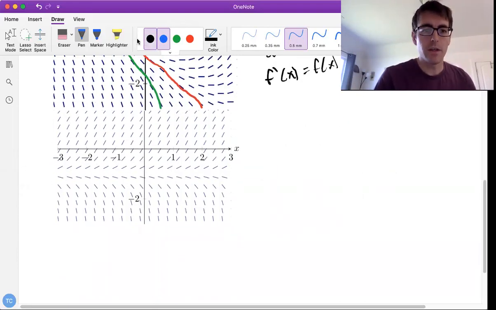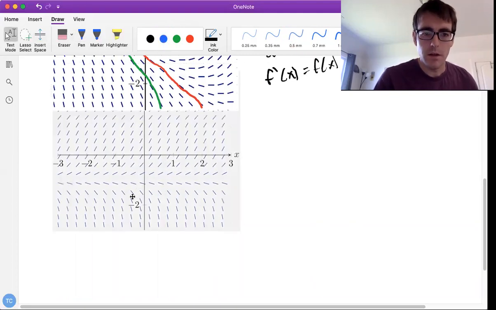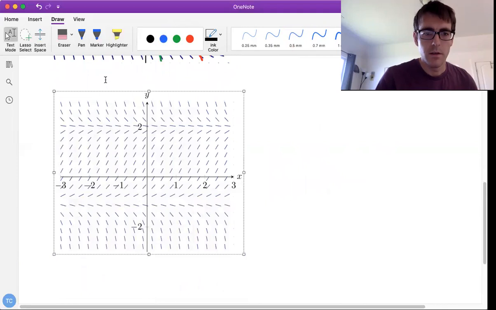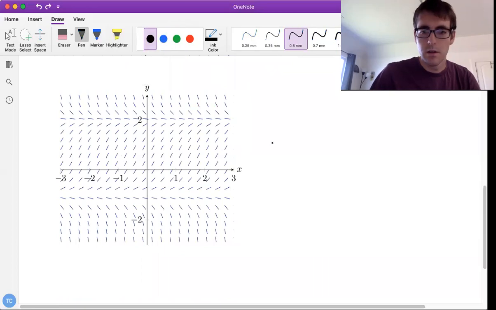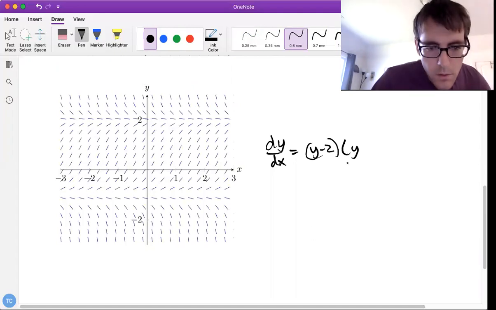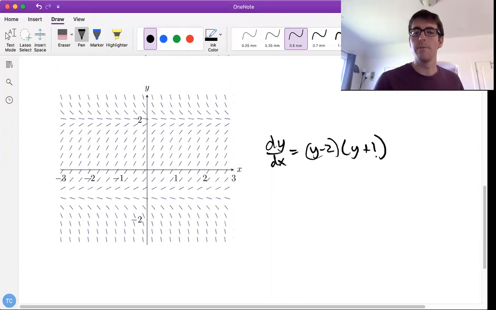Okay, and then the last one here, I lost the start of it. This one, I believe, is the slope field for the differential equation dy/dx is y minus 2 times y plus 1.